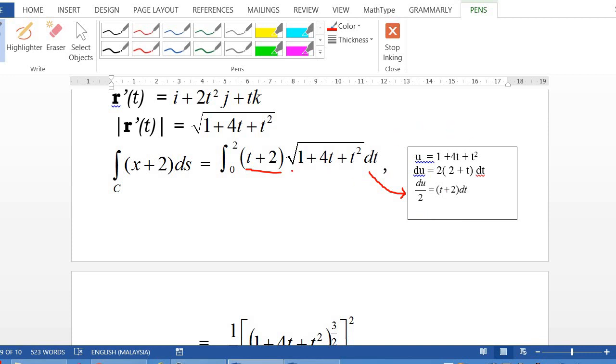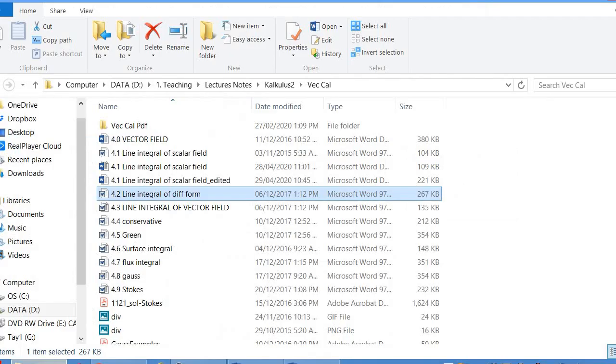To evaluate this integral, you use a substitution technique.